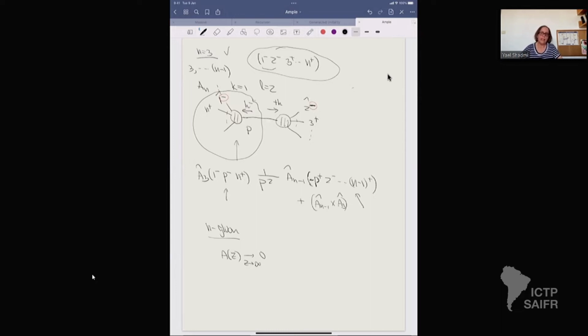Of course, in different cases, you usually need to take different shifts. Different shifts can have different behavior for the amplitude as z goes to infinity. There's a lot of literature on that, but we're not going to go into any of that. Okay, so any questions about this example?